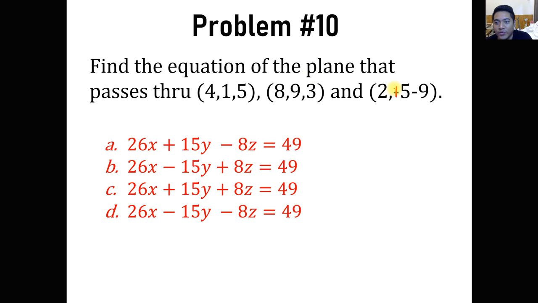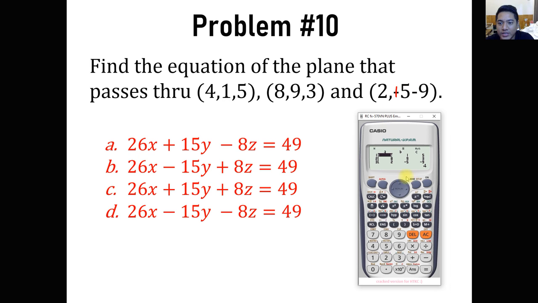So this would be positive 5. We just have to replace this by positive 5 because that is the original given. So let me just double check. We have 4, 1, 5, 1, 8, 9, 3, 1, 2, 5, negative 9, and 1. Again, that is positive 5.